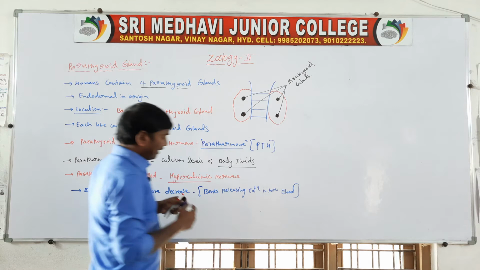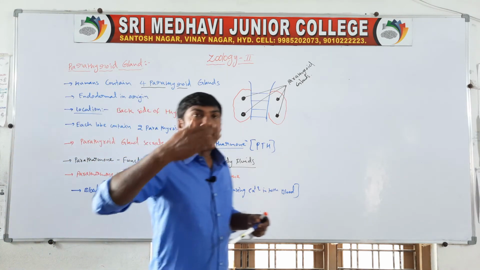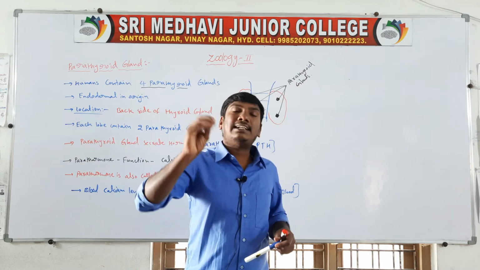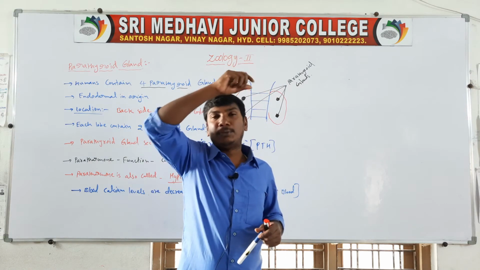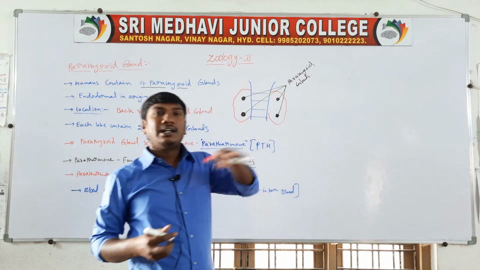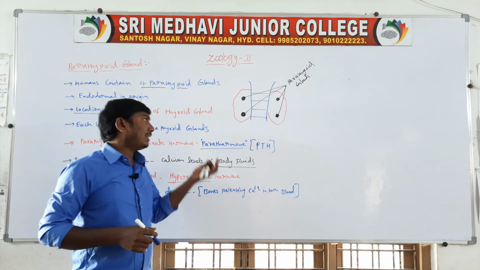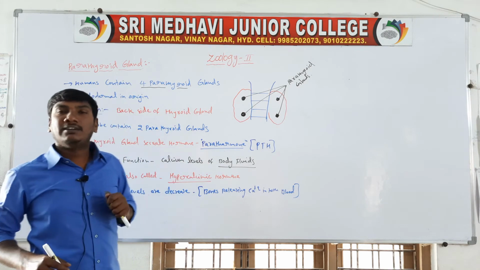Hypercalcemic hormone means that when blood calcium levels decrease, it stimulates the bone, which contains calcium ions, to release them into the blood circulation. So the normal levels of calcium are maintained in body fluids.